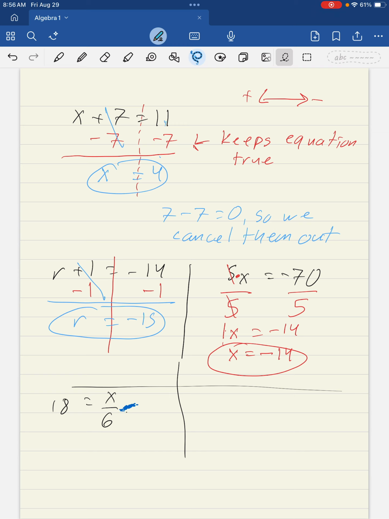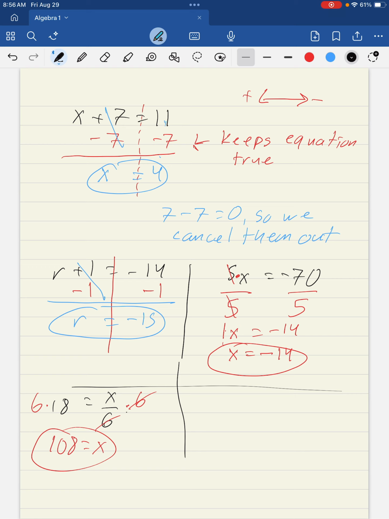Opposite of divide is times. So I have to go, all right, times 6 on both sides. And these guys cancel. And 6 times 18 is 108.